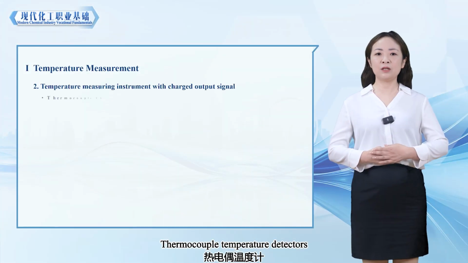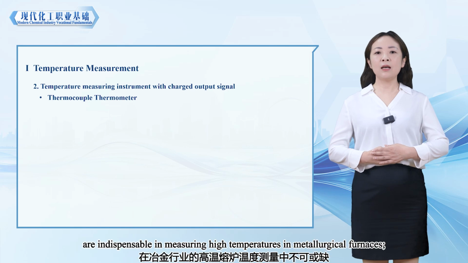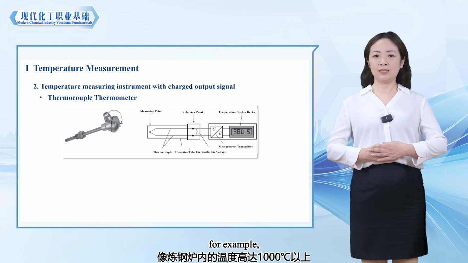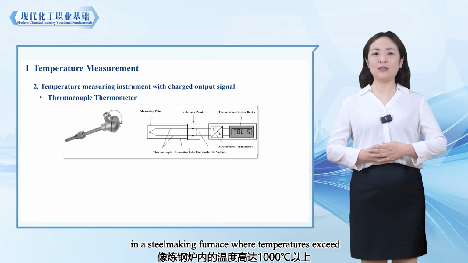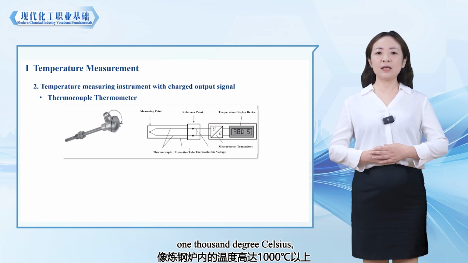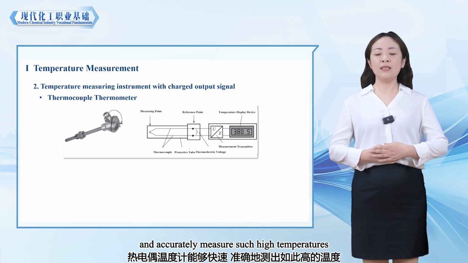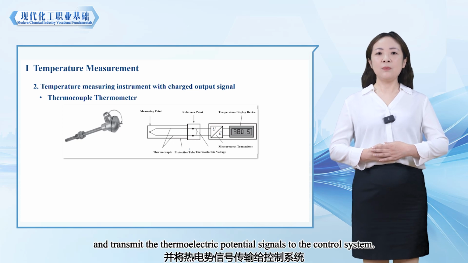Thermocouple temperature detectors are indispensable in measuring high temperatures in metallurgical furnaces. For example, in a steelmaking furnace where temperatures exceed 1000 degrees Celsius, thermocouples can quickly and accurately measure such high temperatures and transmit the thermoelectric potential signals to the control system.